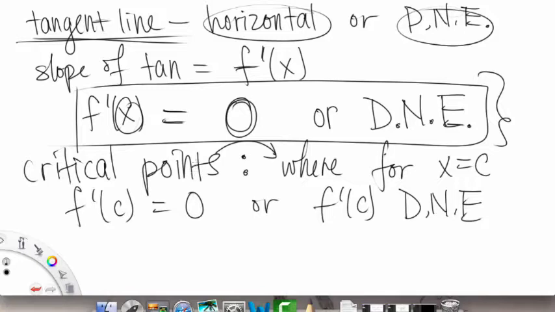Those x values are called critical points. This is an important term to remember. So critical points, well, I'll just say they're important.